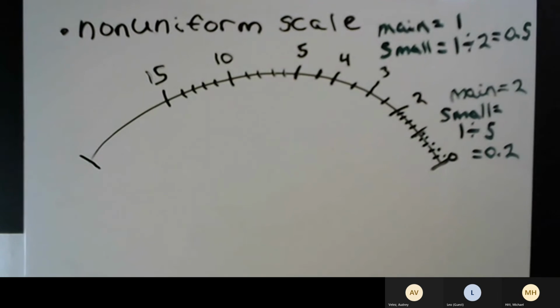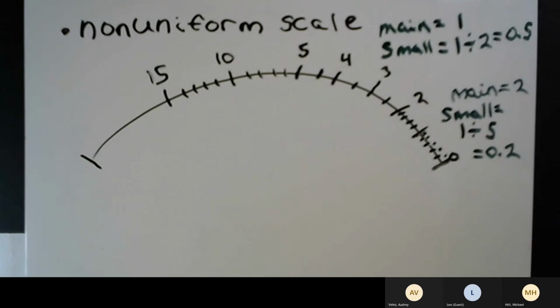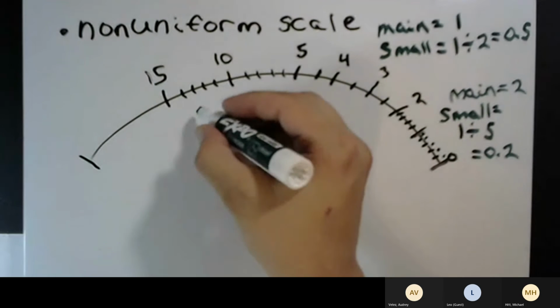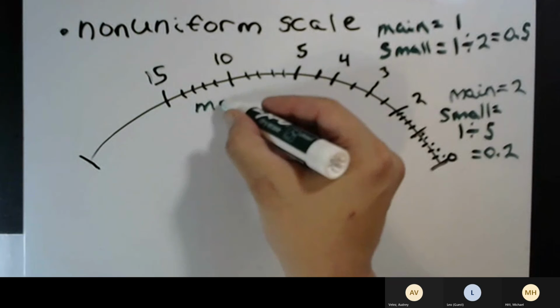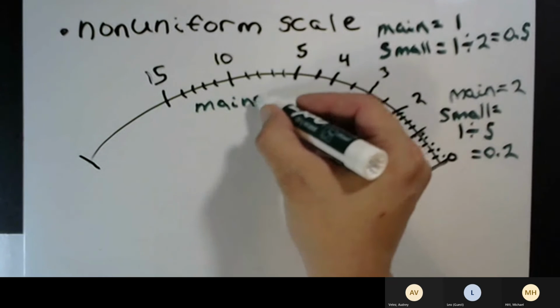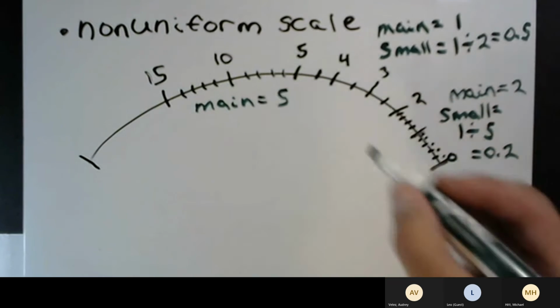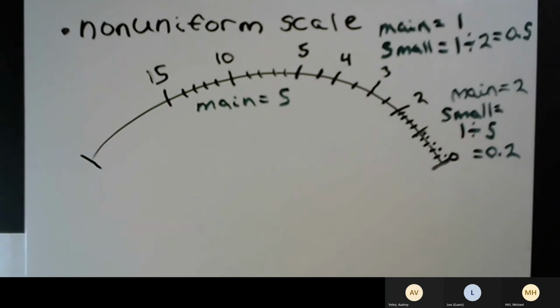Then we have this one. Now for this, the main scale, we're now counting by 5s.